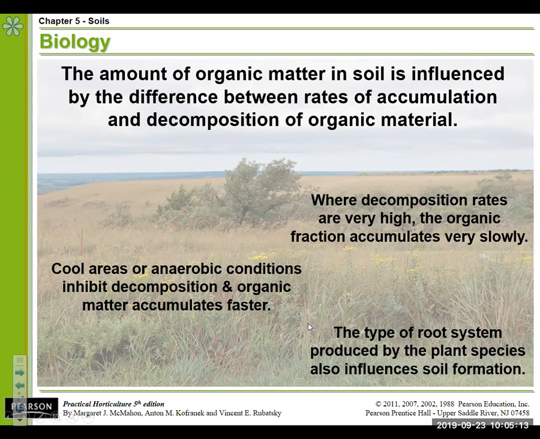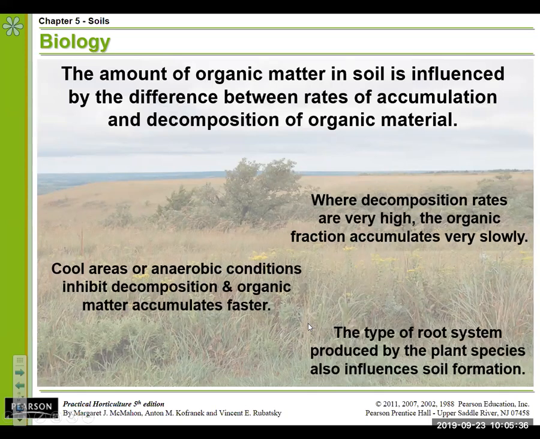That's because there's really high decomposition rates, so they don't really have much organic matter in the soil. Even though there's all kinds of biomass being produced, it's all caught up in that food web, both above ground and below ground, and very little of it is actually available to the soil or to plants.